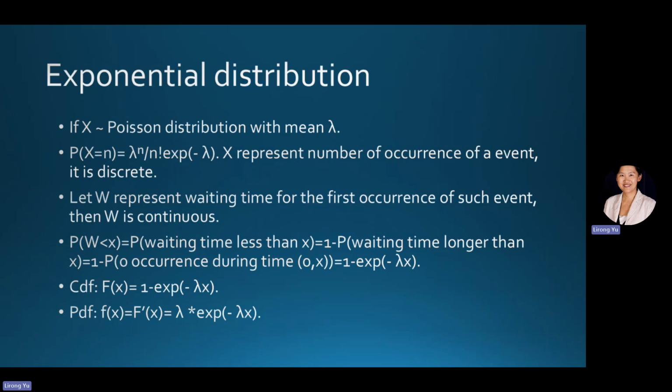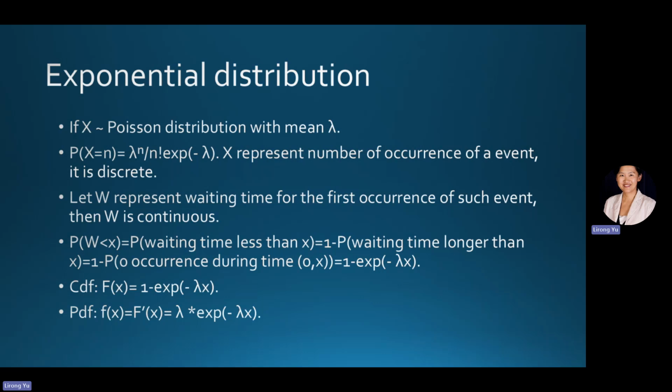All right, a little review. Basically, we're using the exponential distribution to model a waiting time for the Poisson distribution. Assuming you have a Poisson distribution with a mean of lambda, if X equals n, we have a probability of lambda to the power n over n factorial times e to the negative lambda.